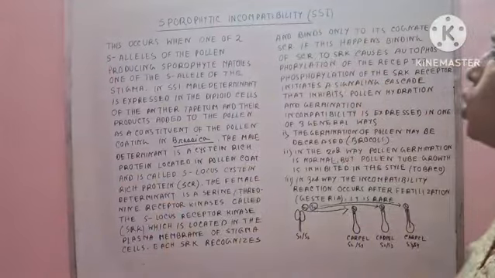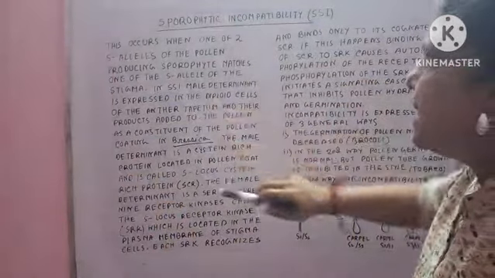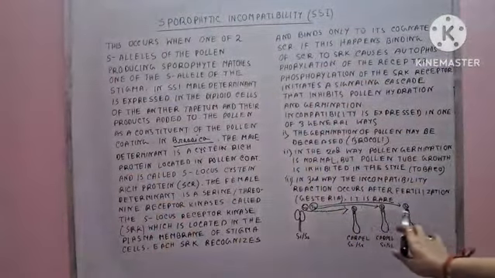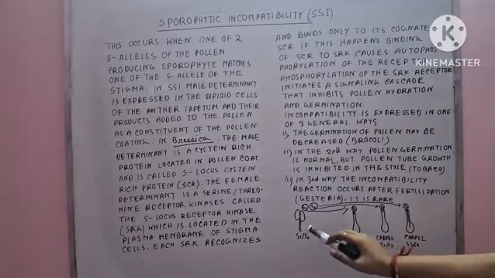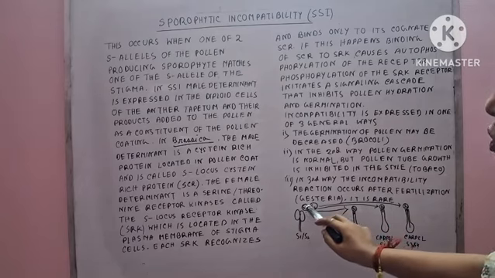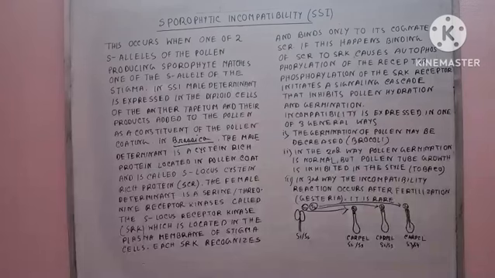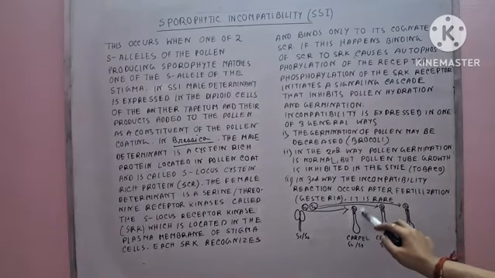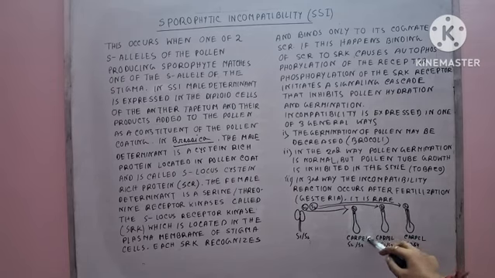Clear? So this is the rough diagram. You can see here, this is the pollen and it produces two sporophytes containing S1 and S2. And this is the carpel, and here the S allele produces two kinds of sporophytes, S2 and S3.